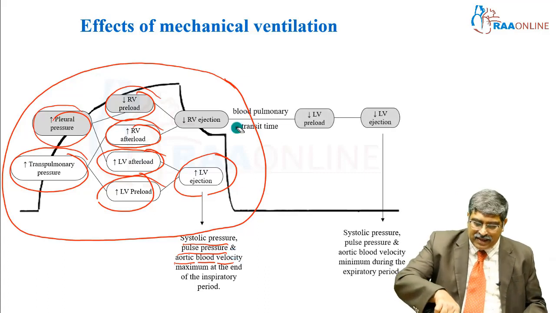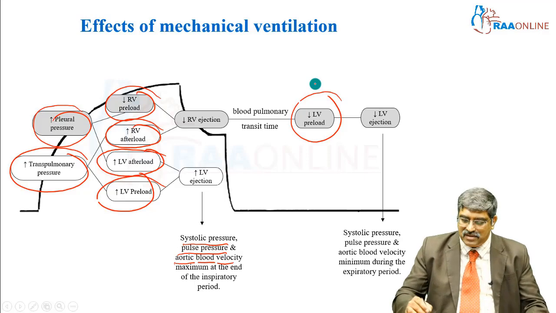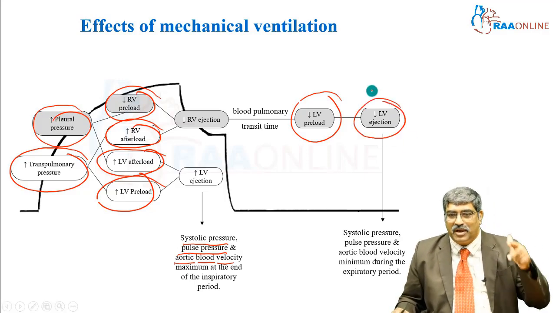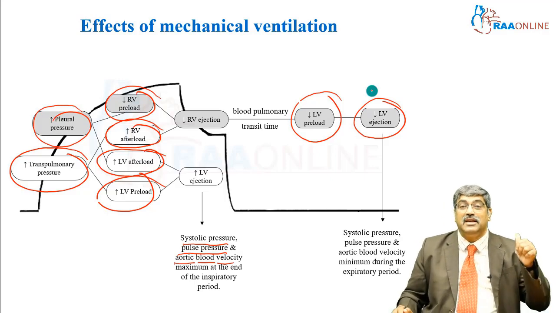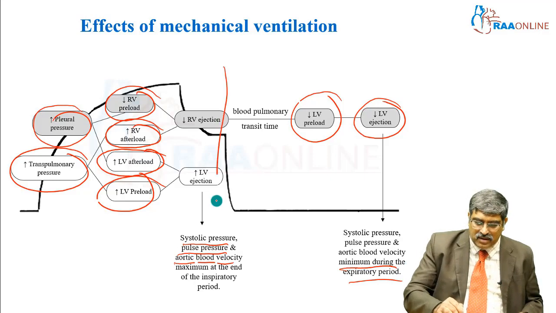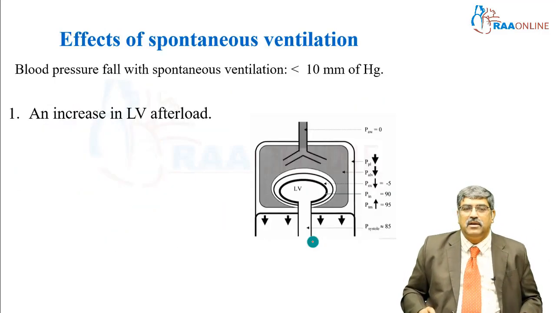Now with expiration, your LV preload decreases, your LV ejection decreases. Your systolic pressure, pulse pressure and aortic blood velocity are minimum during the expiratory period. This is the inspiration and this is the expiration with positive pressure ventilation.